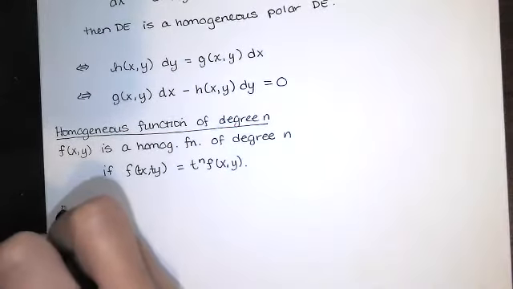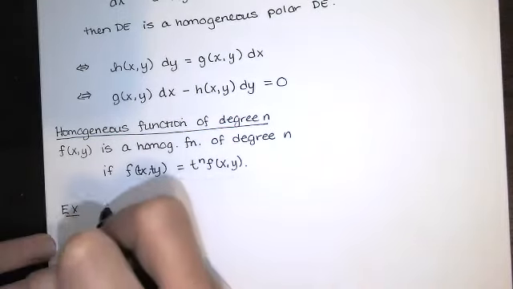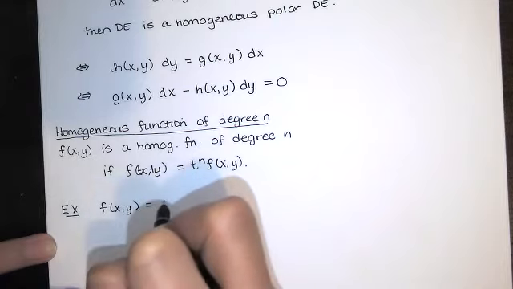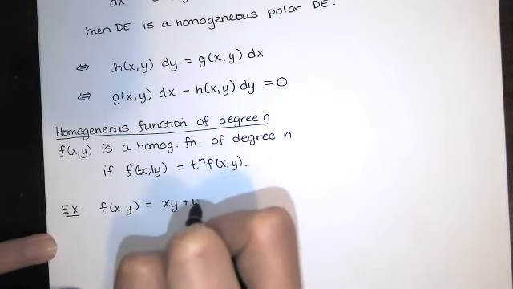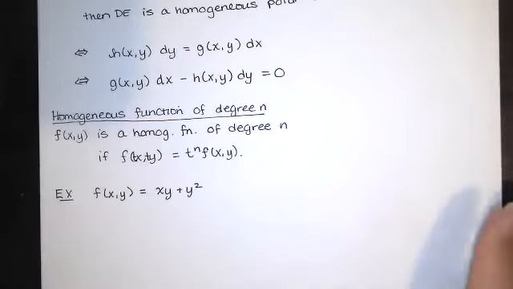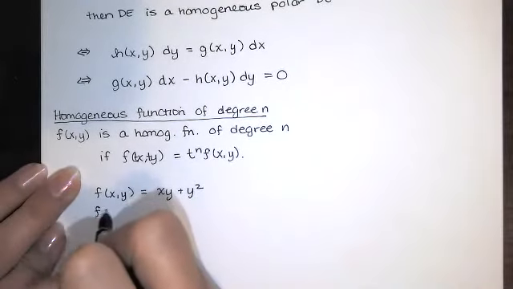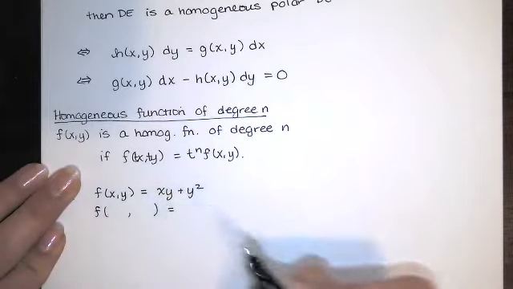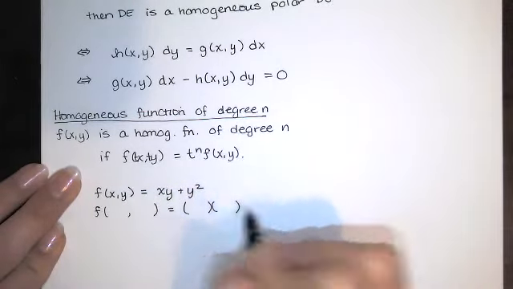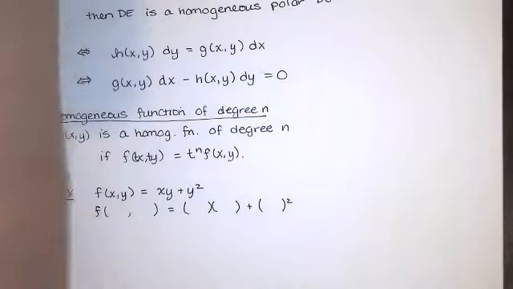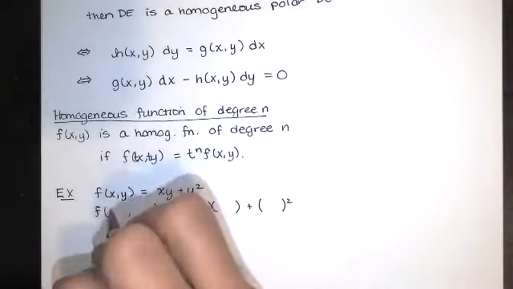So here's an example. Let's say you have f of xy equals xy plus y squared. If I want to determine whether or not that's a homogeneous function of degree n, or a homogeneous function in general, I just replace all of the x's with tx's, and I replace all of the y's with ty's, and then I simplify.